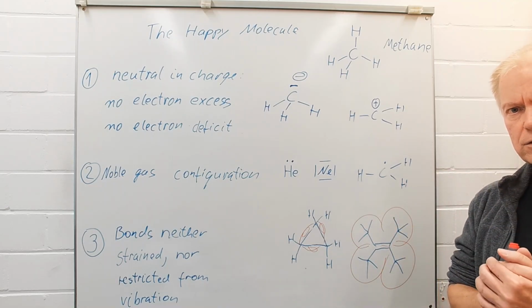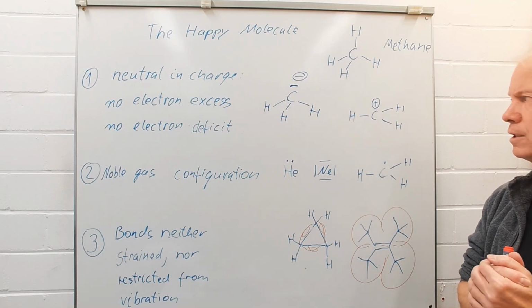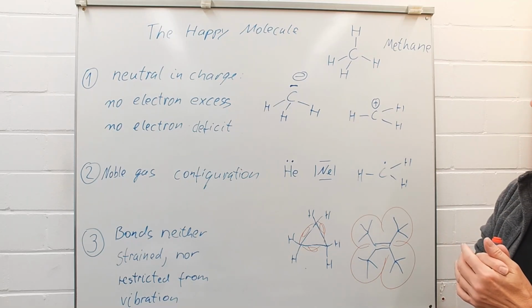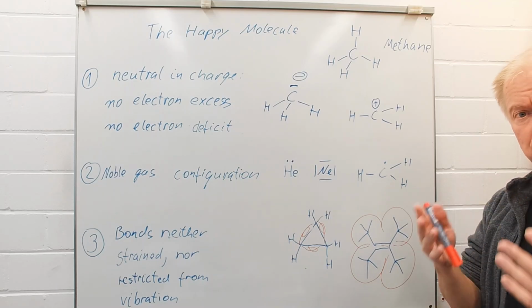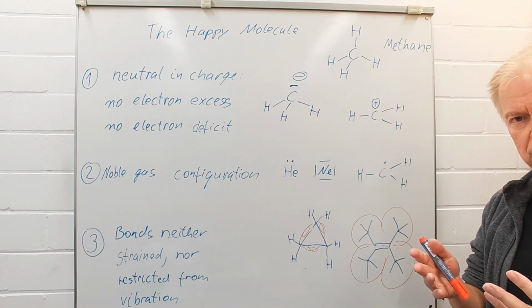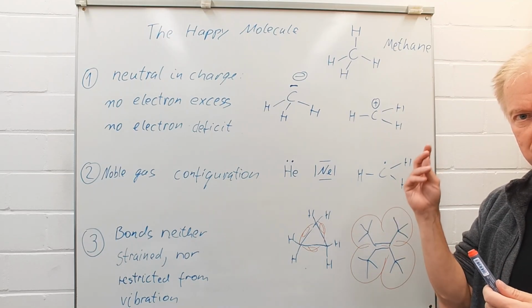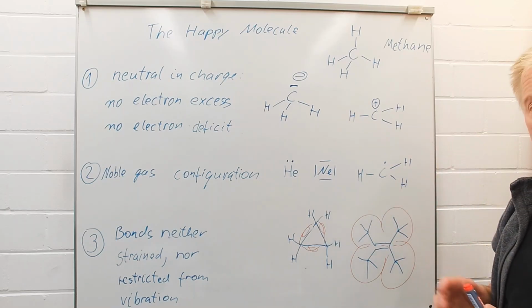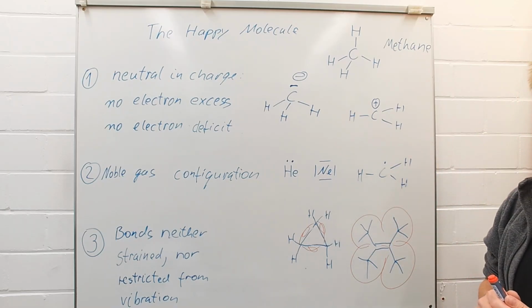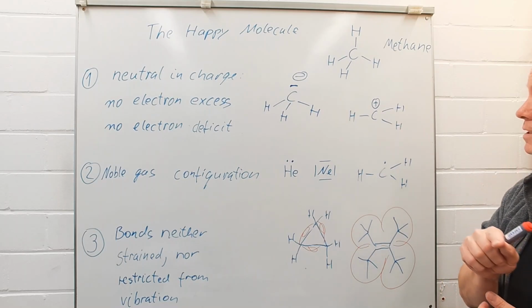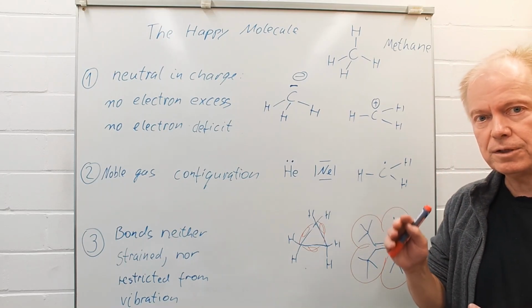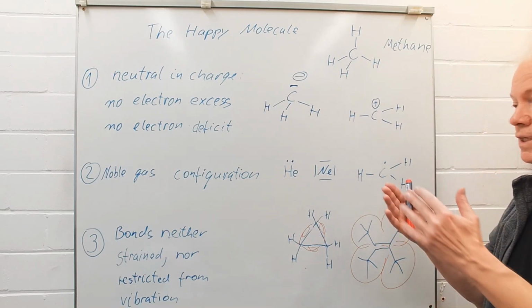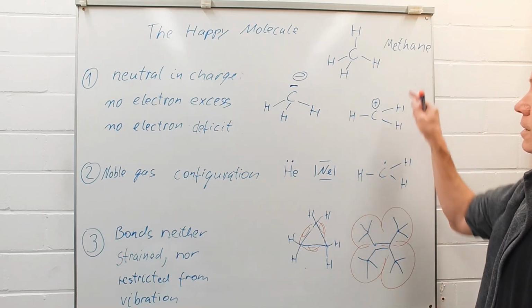On the other hand, you might argue, well, it's not that unreactive if we put it together with oxygen and just one spark and it could explode. Yeah, well, but in that case, the oxygen is the unhappy molecule that brings the high reactivity into that system.